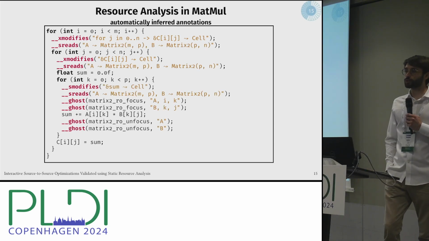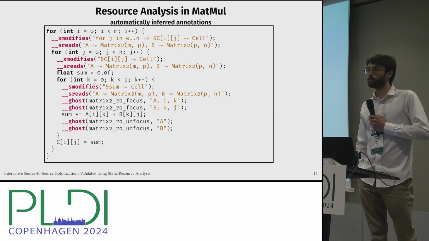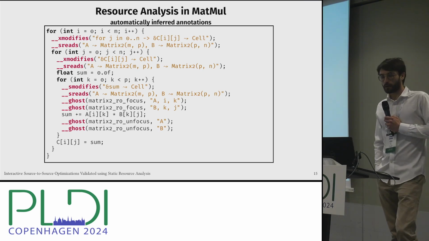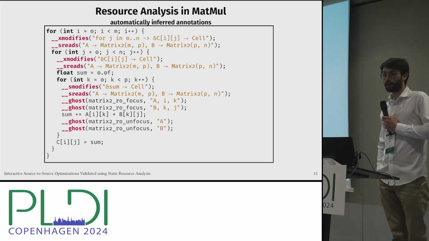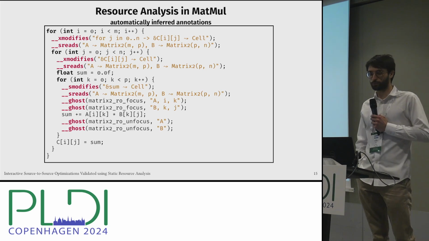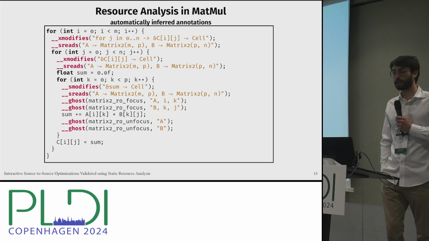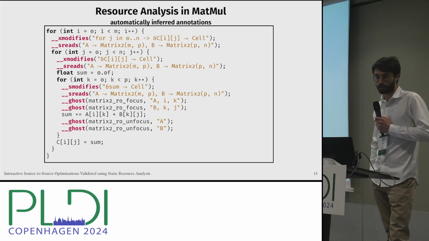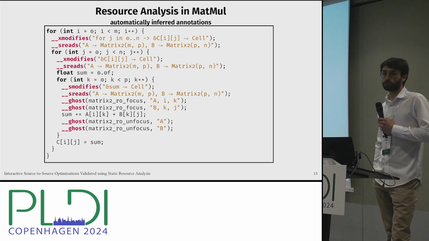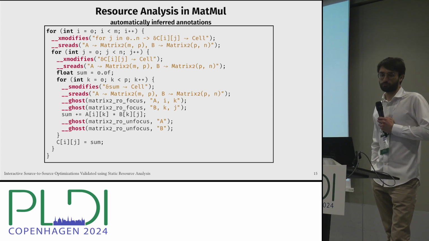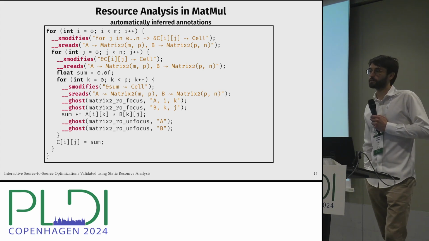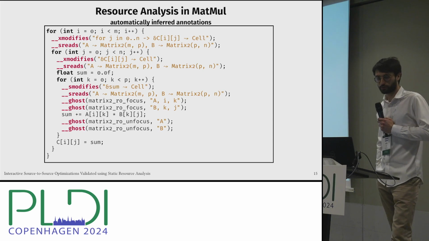Now we also automatically infer some more annotations. Without going through all of them, what's interesting is that we have also shared resources for loops. So we have, for example, the S reads, where S stands for shared, which means that these resources are shared among all iterations, and there could be dependencies between iterations on these resources.